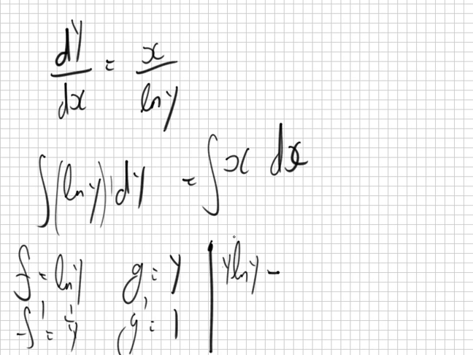You know what, I'm going to skip a couple of steps. I know what the answer is. After I use the rule and simplify it, the answer would be y log y minus y equal to a half x squared plus c. And that's it.